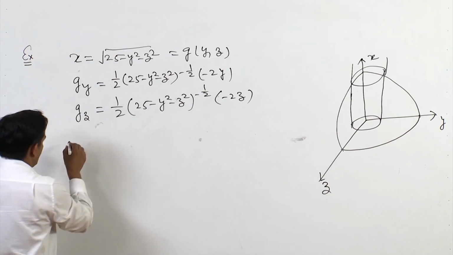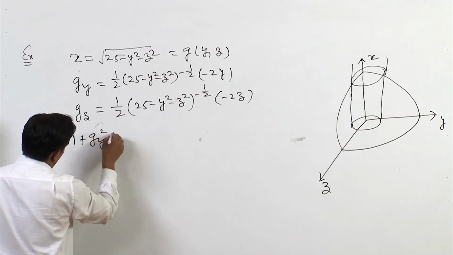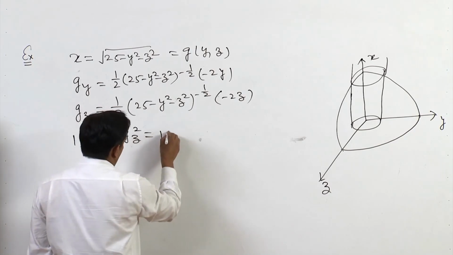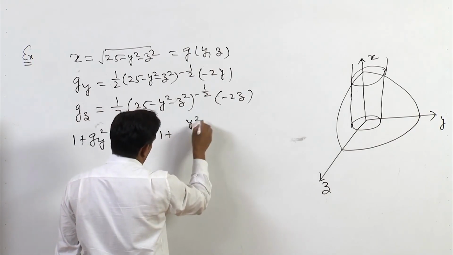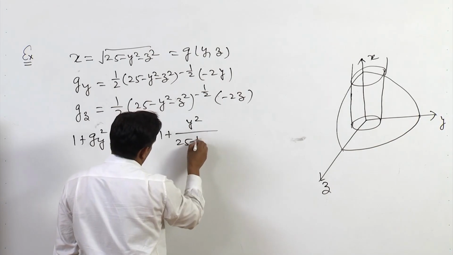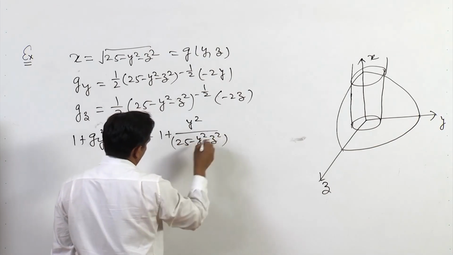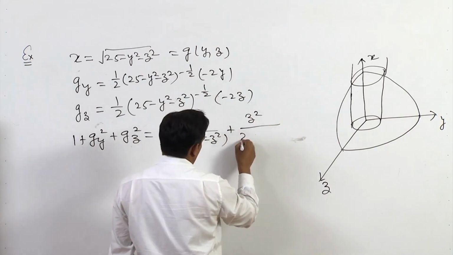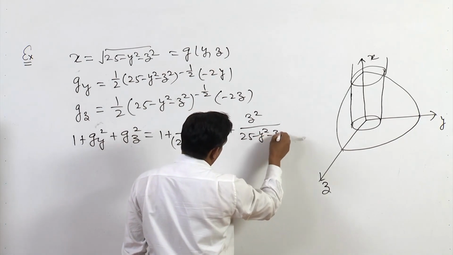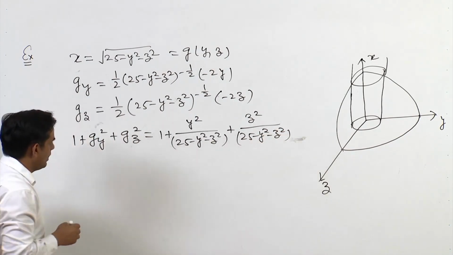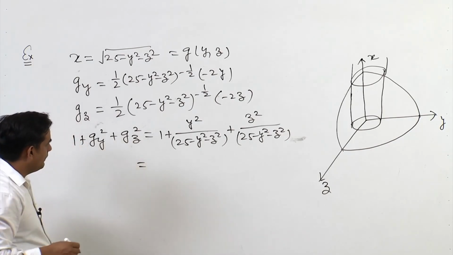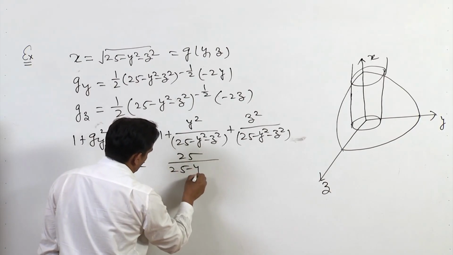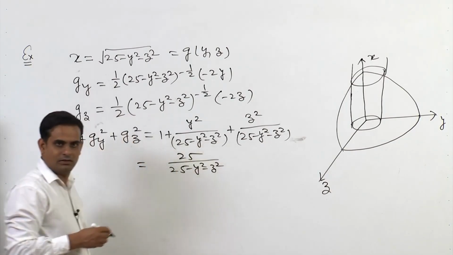Then 1 plus g y square plus g z square will become 1 plus y square upon 25 minus y square minus z square plus z square upon 25 minus y square minus z square. So, it will become 25 upon 25 minus y square minus z square.